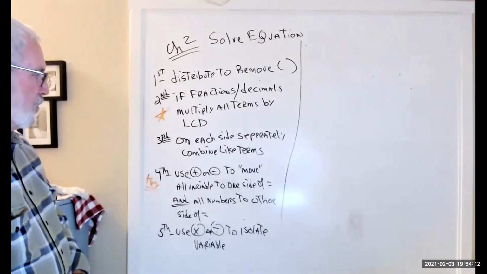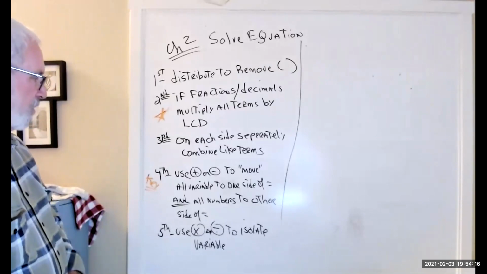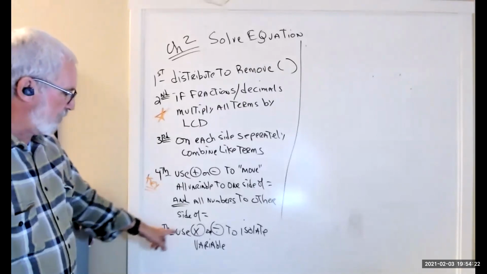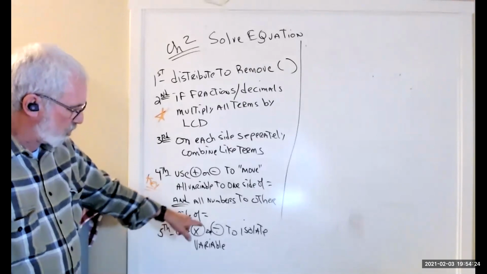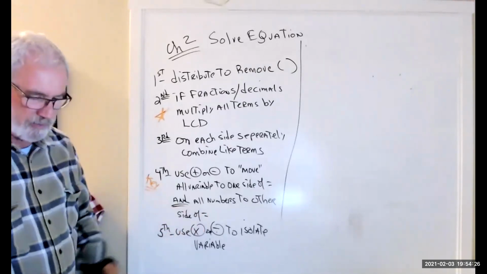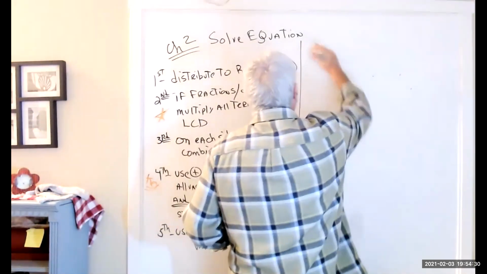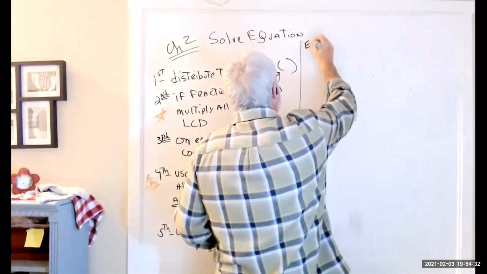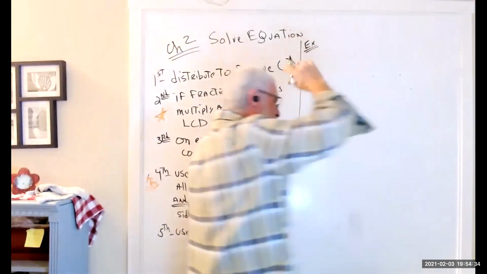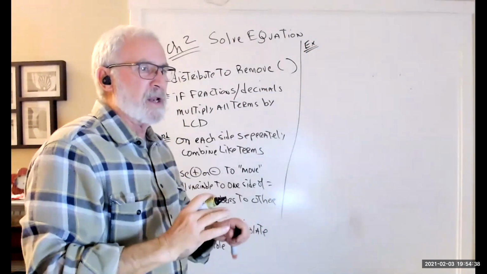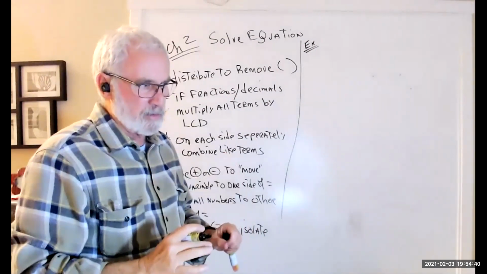And fifth step, using only multiplication or division, isolate the variable. So here I go. Example. And again, I'm going to do more of this tomorrow night. So if you don't get it tonight, don't panic.